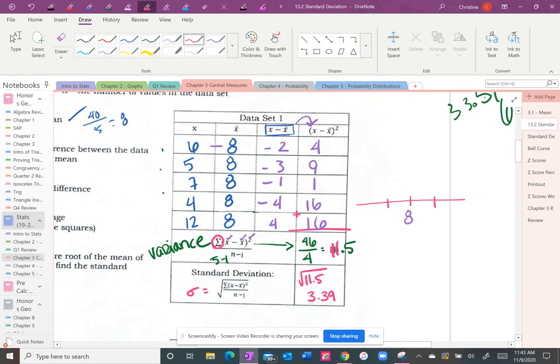So the next one would be 8 plus 3.39, 11.39. You would add another one, 14.78. And then lastly, 18.17.